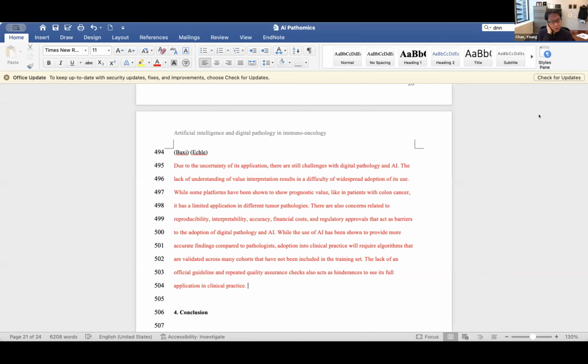So what are the reference articles? How did you come up with these ideas? I basically tried to summarize what the two articles mentioned as the limitations, the overall problems with AI pathology right now.